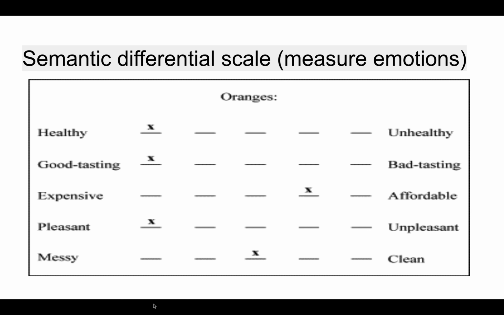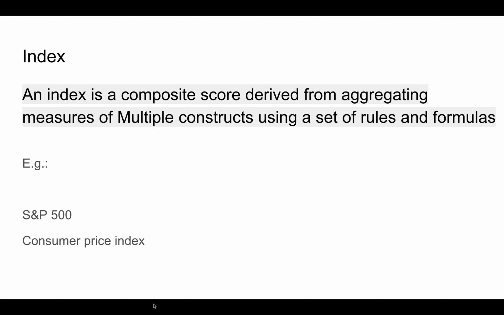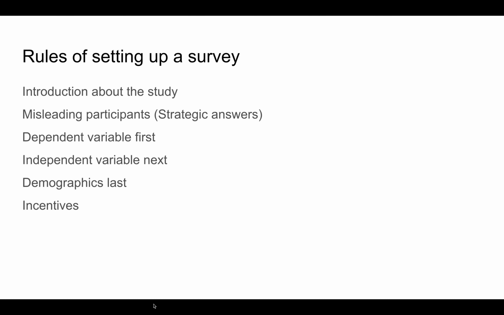So this is a semantic differential scale that is used to measure emotions which have both a positive and a negative side. And apart from that, indexes are used to measure concepts like inflation or the stock market index. These are generally accepted measures of the health of the economy or the health of a company and so on. We use indexes.